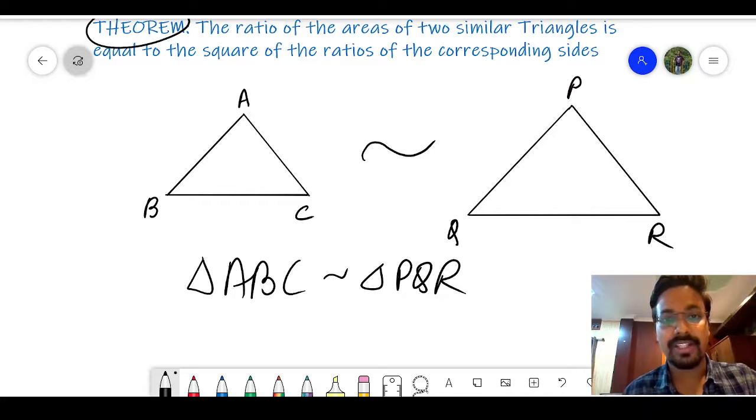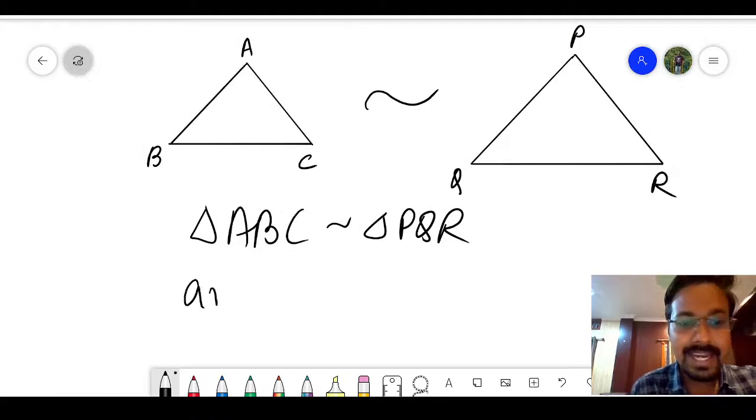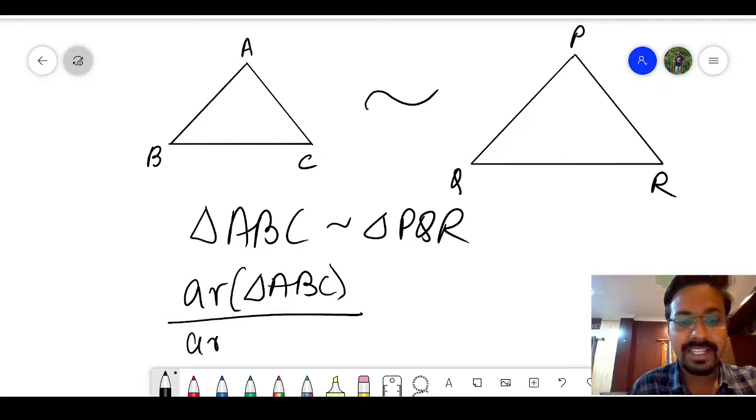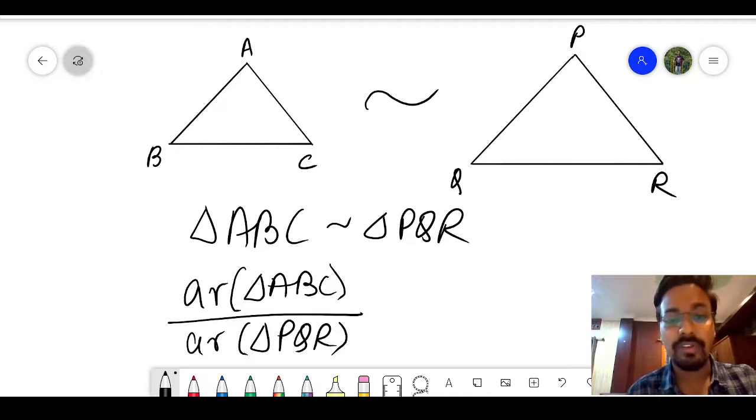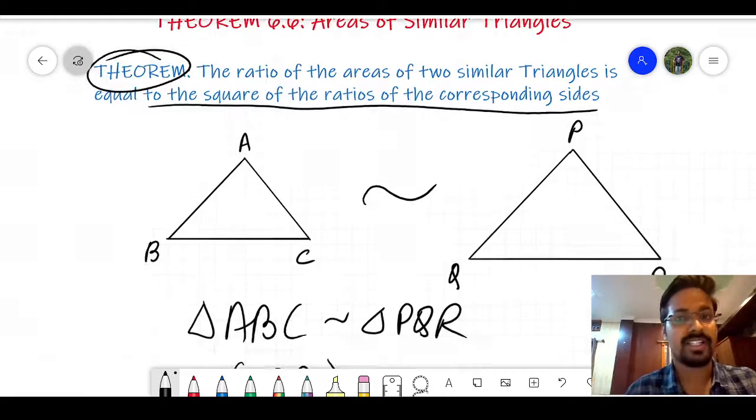Then according to this theorem, the area of triangle ABC divided by the area of triangle PQR, the ratio of the areas of these two triangles, is equal to the square of the ratios of the corresponding sides.